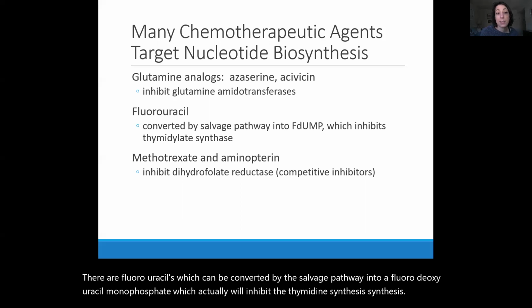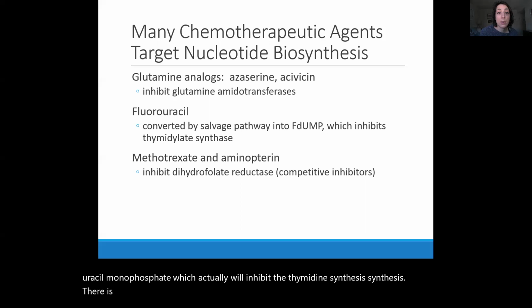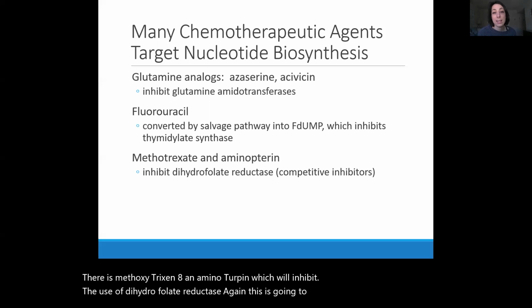There's methotrexate and aminopterin, which will inhibit the use of dihydrofolate reductase. Again, this is going to stop formation of deoxythymidine monophosphate.